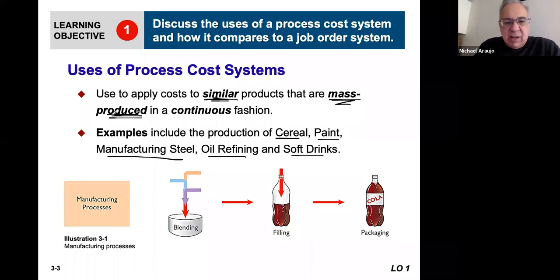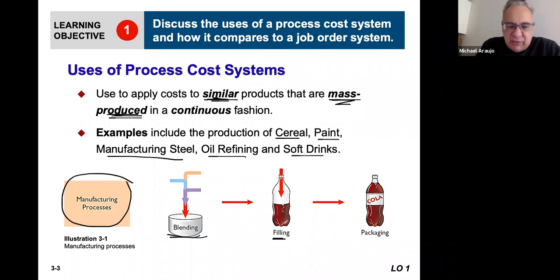And these things are done in a continuous fashion. So the manufacturing process for this is, there's usually some type of blending going on. So there's the actual creation of the beverage. And then there's another part of the automation line that fills up containers, automatically puts caps on them and slaps a label on them.